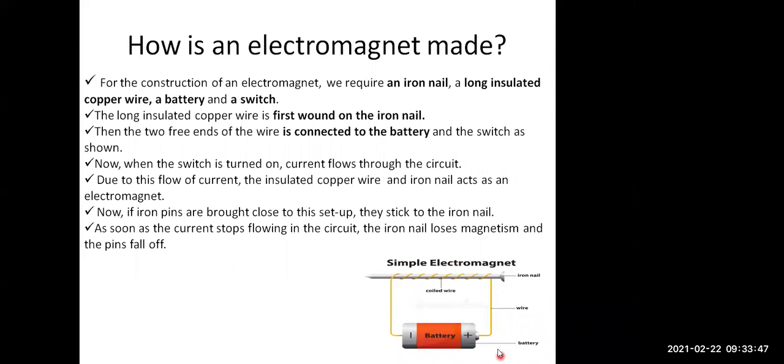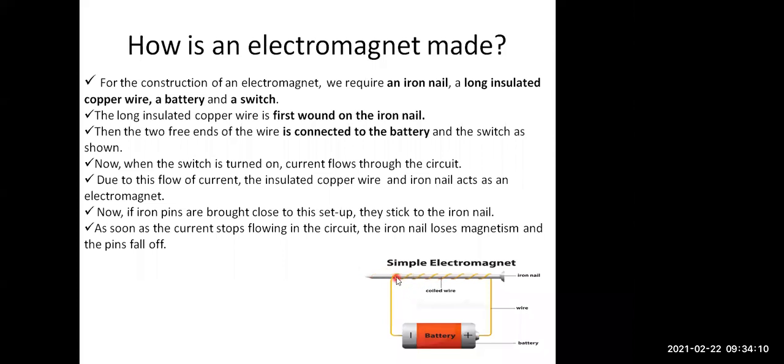Due to this flow of current, the iron nail starts behaving like an electromagnet. If you bring iron pins towards the iron nail, the iron pins will get attracted to it.